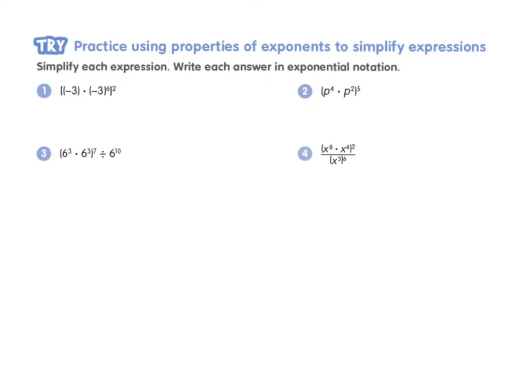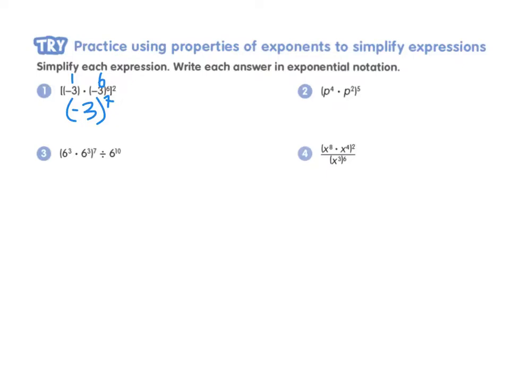So the first problem here says -3 times -3 to the power of 6, and all of that is to the power of 2. When I start simplifying this here, I'm going to start by simplifying what's on the inside of the parentheses, the -3 times -3 to the power of 6. I only have one -3 here, and I have 6 -3s here, so altogether I have 7 -3s.